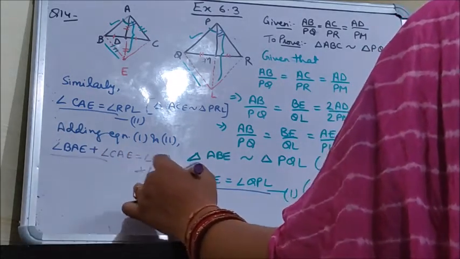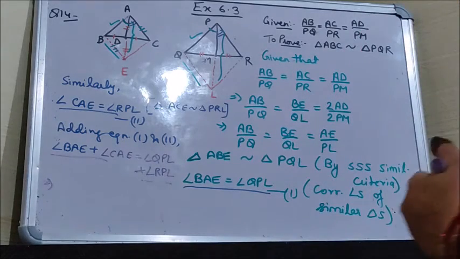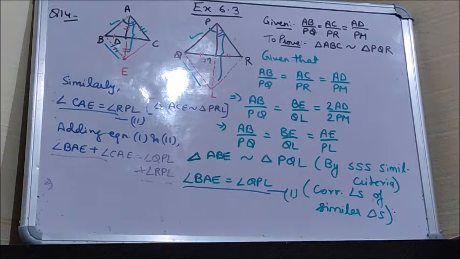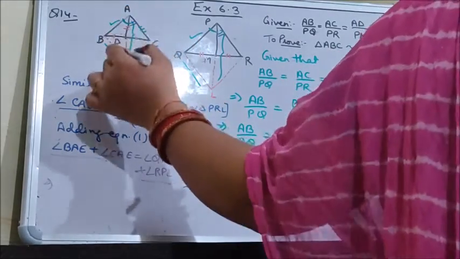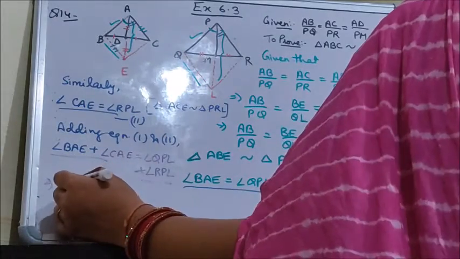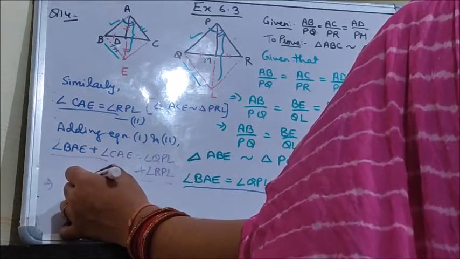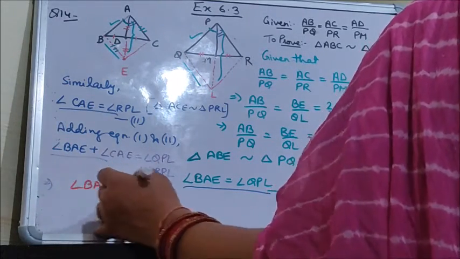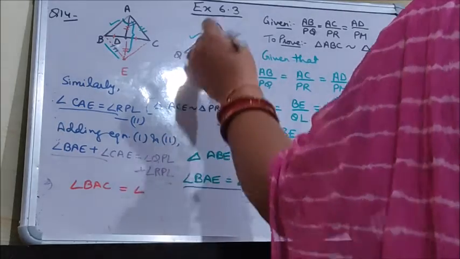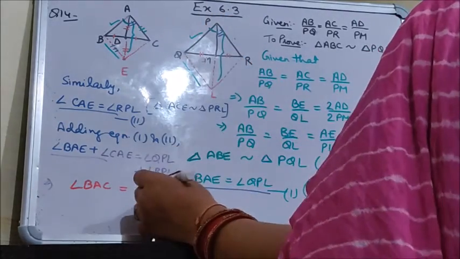Looking at the figure, angle BAE plus angle CAE is angle A, or you can say BAC, which is equal to angle QPL plus angle RPL, which is angle QPR.